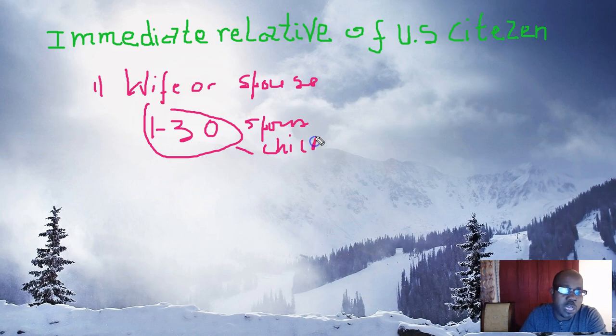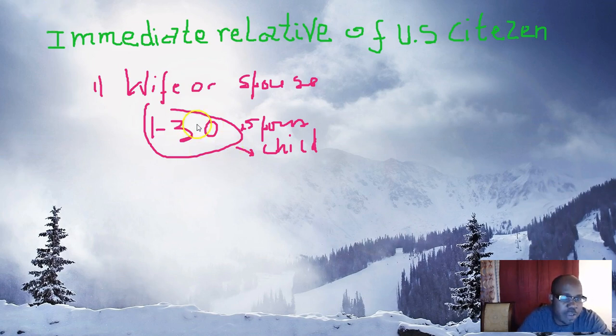The answer is no. You cannot get one form for your spouse and child. You have to file a separate form, one for your spouse and one for your child. You cannot combine them together. You need to understand that, a thing to keep in mind.